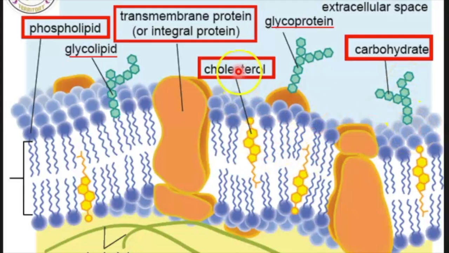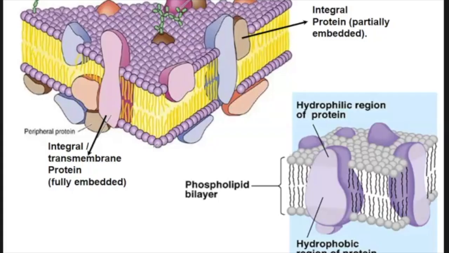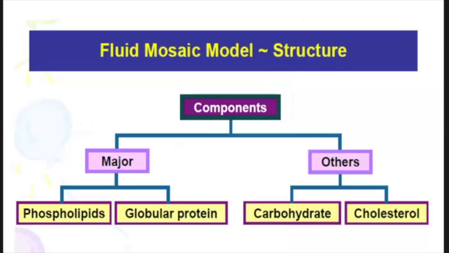The last one is cholesterol. For the Fluid Mosaic Model structure, there are two components to study. First, the major components, phospholipid and globular protein. The other components are carbohydrate and cholesterol.